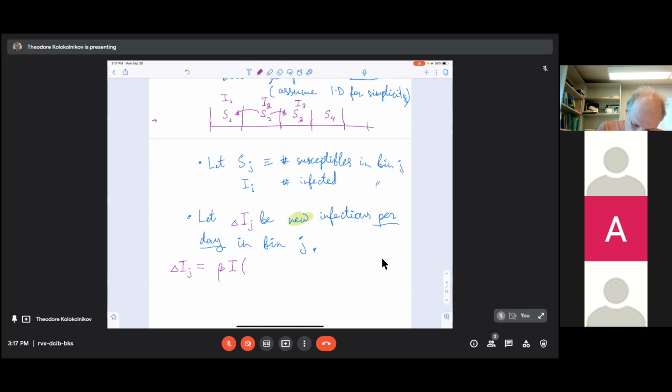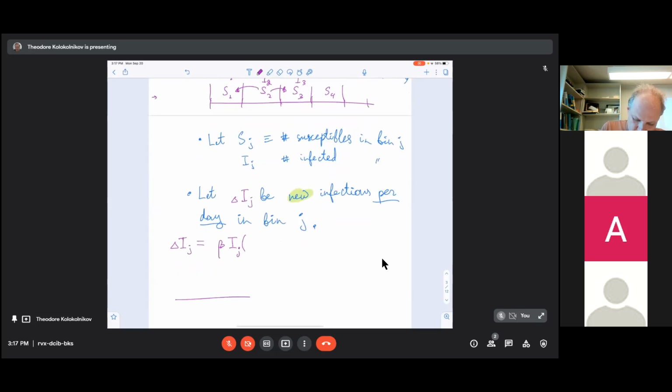Now, infected individuals inside my bin j. So I have the bin j, I have bin j plus 1, and I have bin j minus 1. This delta_ij is the number of new infected in the bin j.